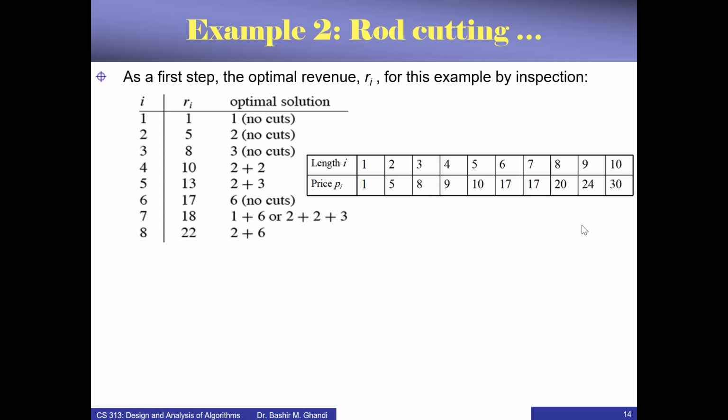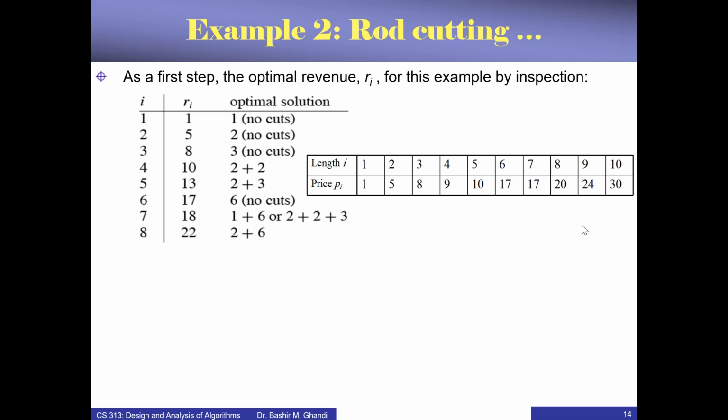Okay, but this is not what we want actually. We want a general formula that can allow us to obtain the optimal solution automatically. Perhaps the easiest way to start is by looking at all the possible options. So for each length, let us see all the possible options as we saw in the case of length 4.